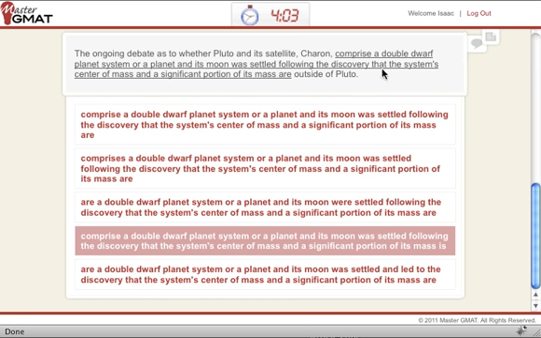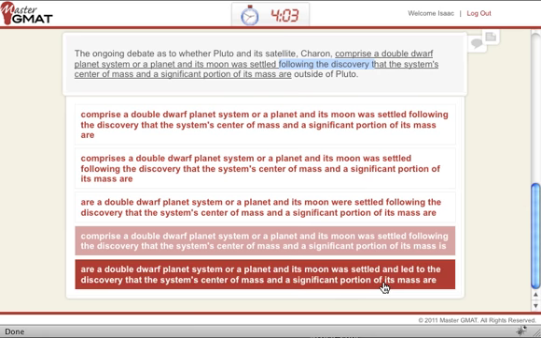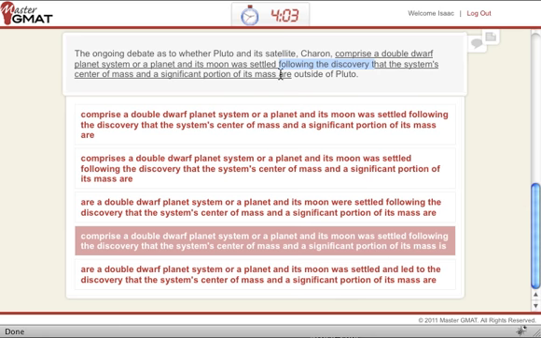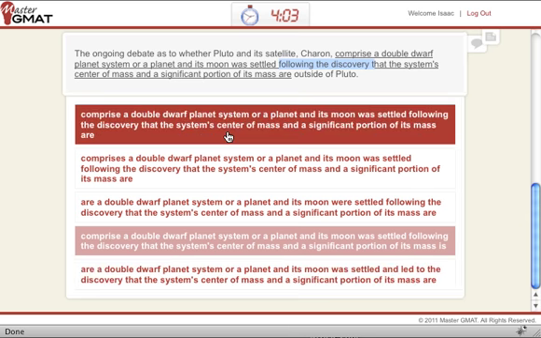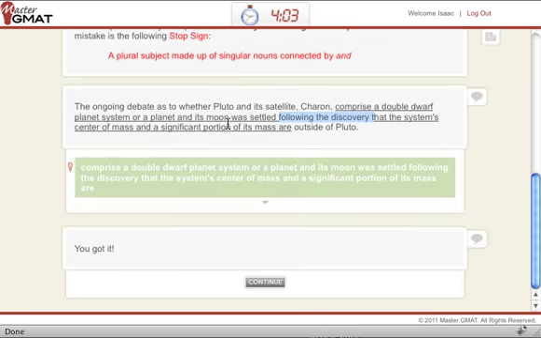Was settled following this discovery that the system's center of mass, etc., etc. So was settled following the discovery. So to say that something led to or versus something followed the discovery is actually a very, very big change in meaning, and we cannot have that in the GMAT. So although it's grammatically correct, everything in here is grammatically correct, you can't actually change the meaning of the original sentence. And that's why A is the correct answer choice.